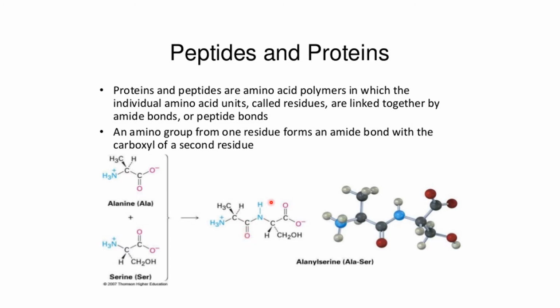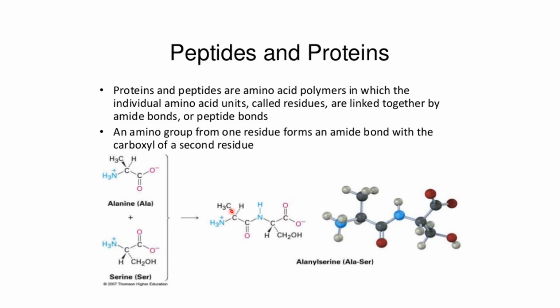So how is a peptide bond formed? An amino group of one residue. One residue means what? Amino acid. One amino acid in a polypeptide chain, that is what a residue is. So the amino group from one residue forms an amide bond with the carboxylic group of a second residue. So one residue is this, second residue is this.